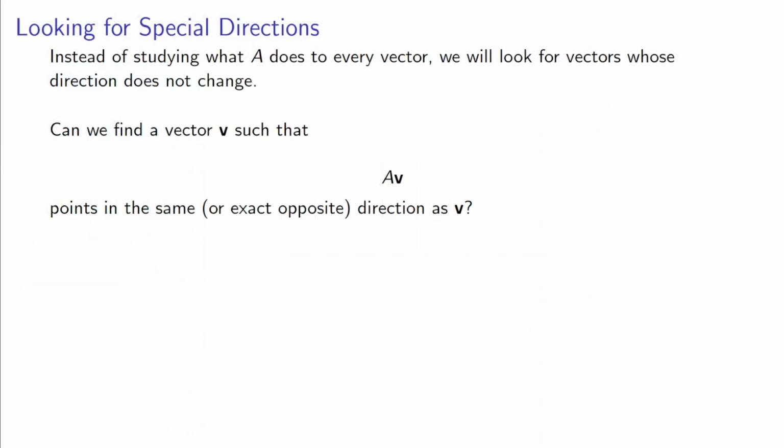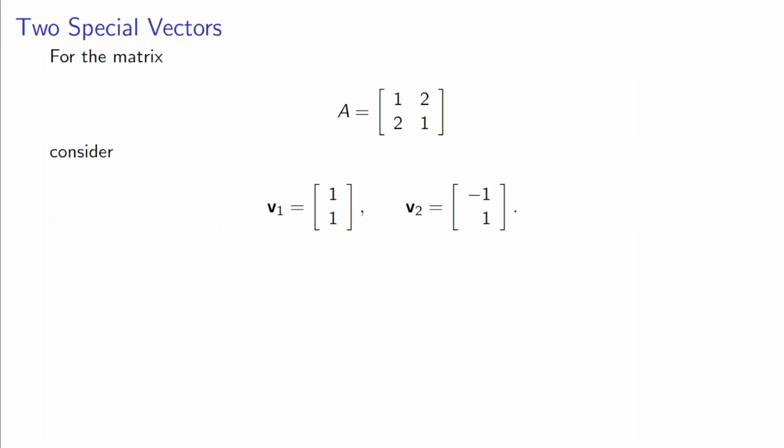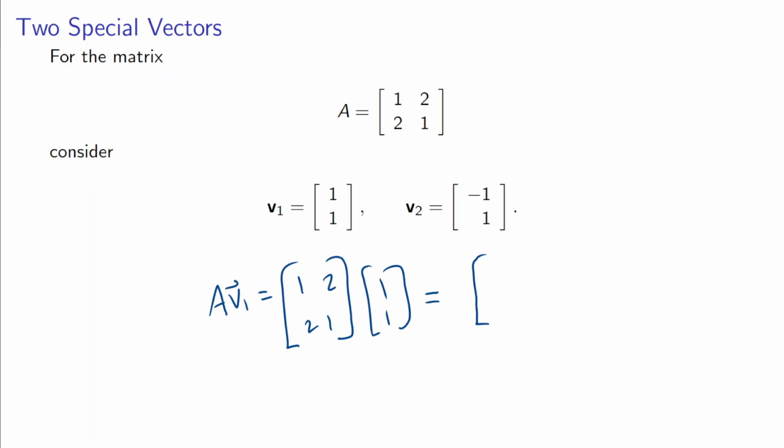So what did we just discover for this particular matrix? Those vectors, again, 1, 1 and negative 1, 1, seem to be sort of special. If we were to consider A times V1, doing our matrix vector multiplication, we would get 1 plus 2, so 3, and 2 plus 1, so 3.